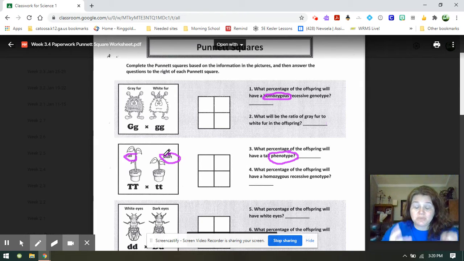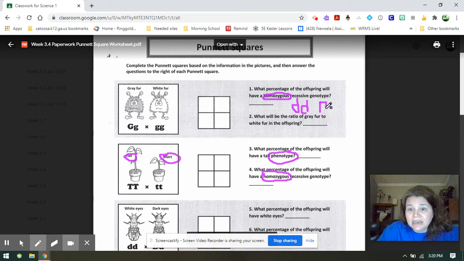Phenotype is what you can actually see in that organism. Homozygous, meaning they are both the same. So homozygous, you have, let's say, lowercase d, or you also have capital D and capital D. Those are both homozygous. This one's recessive. This one's dominant.